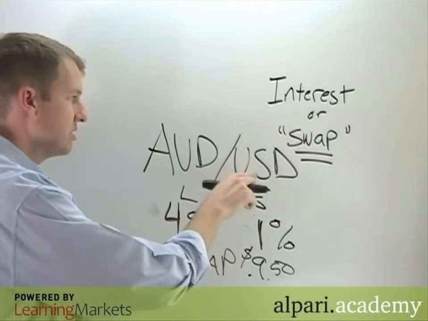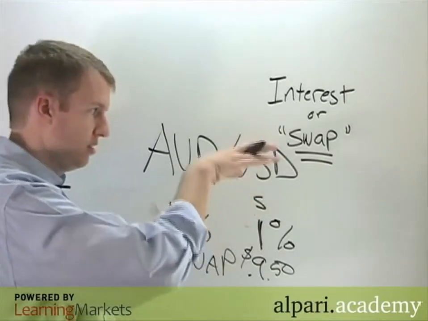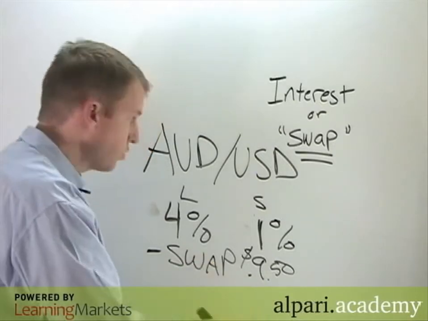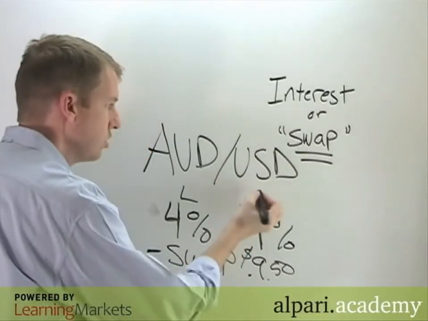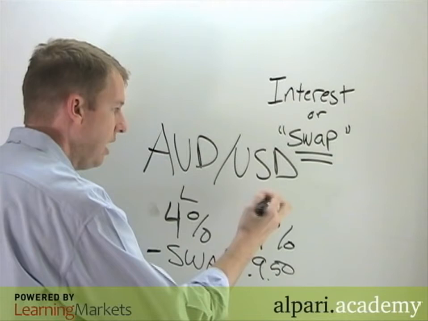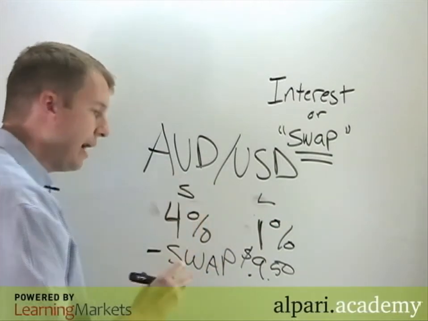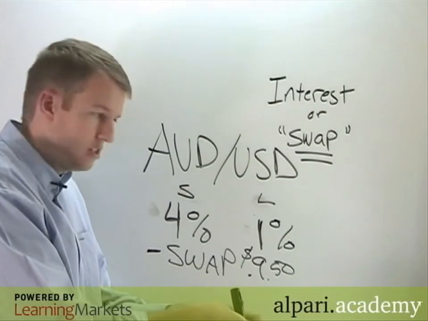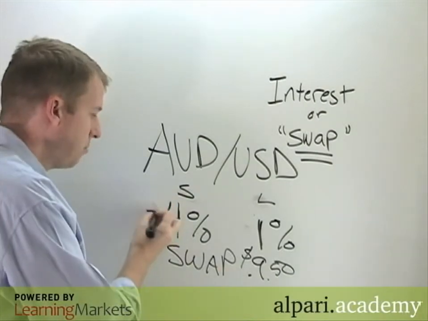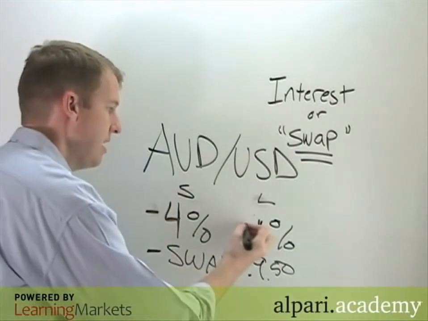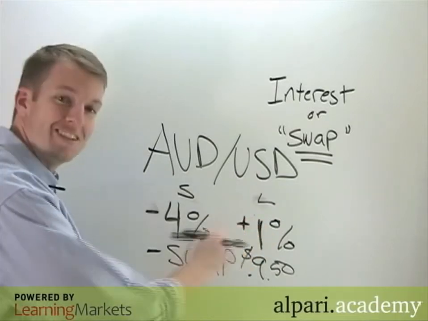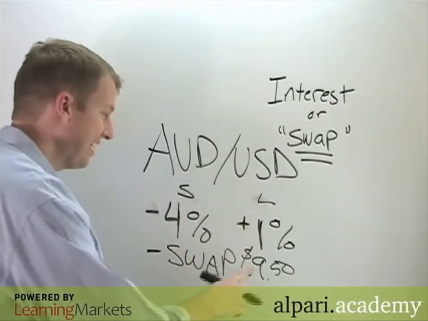Because now you're anticipating that the dollar is going to strengthen. You're looking for that currency rate to start to drop, which means that you're now long the dollar and short the Aussie, which means that you're now borrowing the Aussie and holding the dollar. Now this differential at that point is working against you.